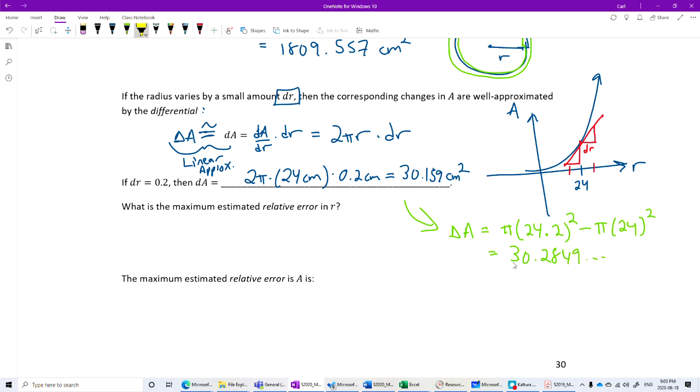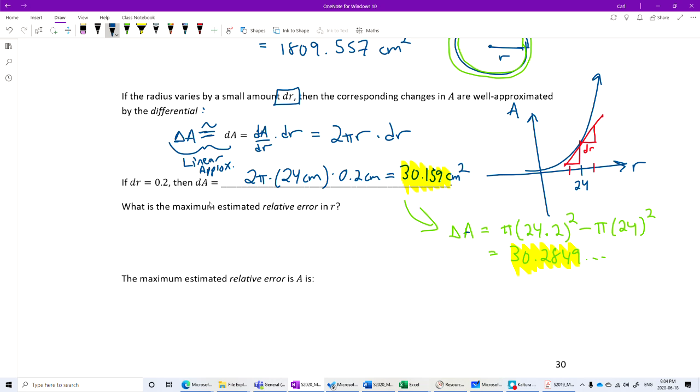And those numbers are very close. They agree in the first two digits, and disagree somewhat in the third digit. So that's less than 1% error. That means the differential approach gave us practically the same answer as the exact approach, which is good, and it's easier.